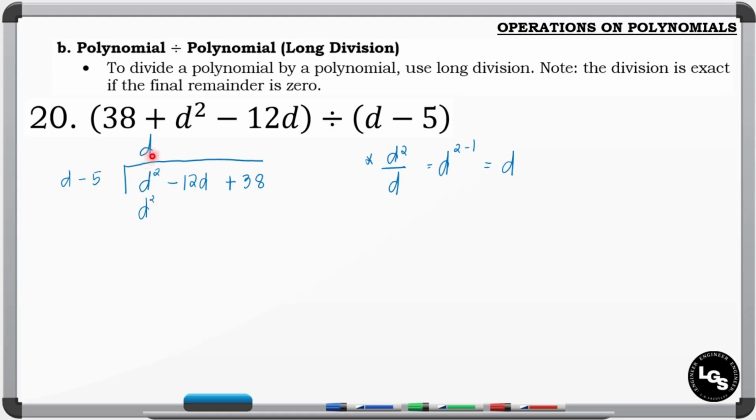Again, multiply the quotient by the divisor. So d times d is d squared. Then d times negative 5, so that is negative 5d, and we align that here.